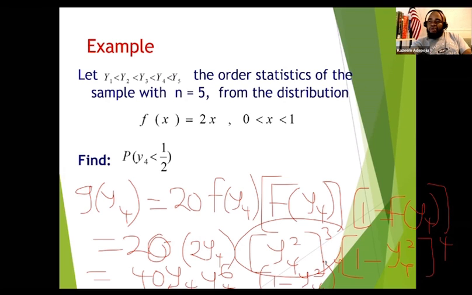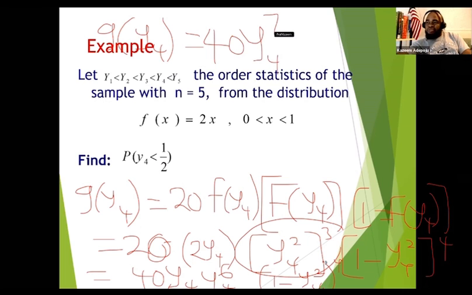Obviously, my g of y4 will be equal to 40 y4 raised to power 7, then 1 minus y4 squared raised to power 4. That is what I have now, and y4 lies between 0 and 1.